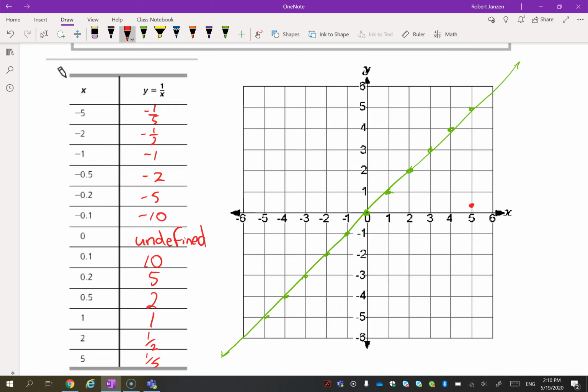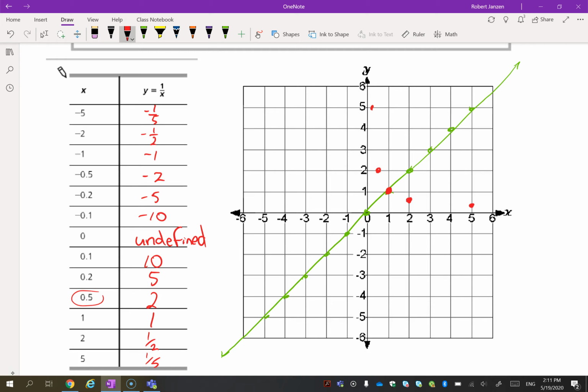The reciprocal of 2 was 1/2. The reciprocal of 1 was still 1. Then when x was 1/2, the reciprocal is 2. When x was 1/5, we got 5, and so on.